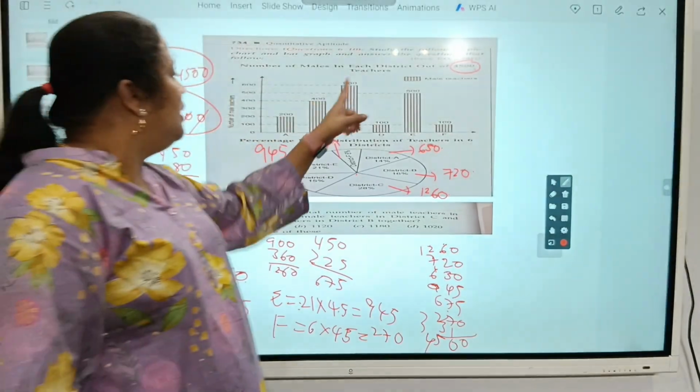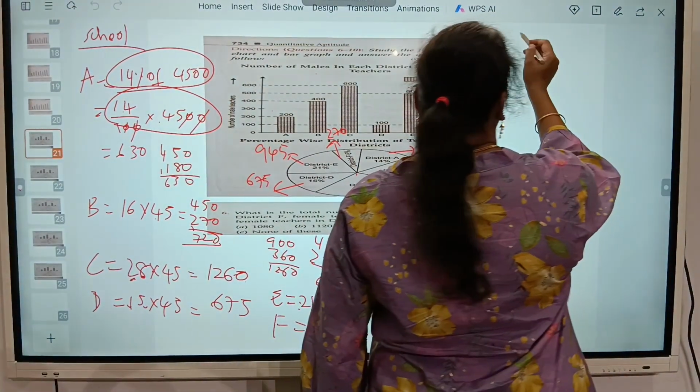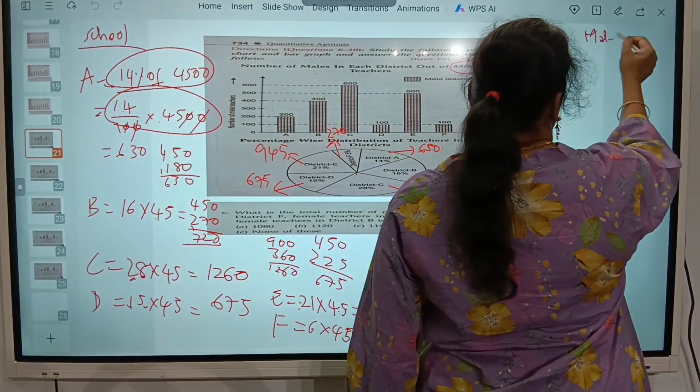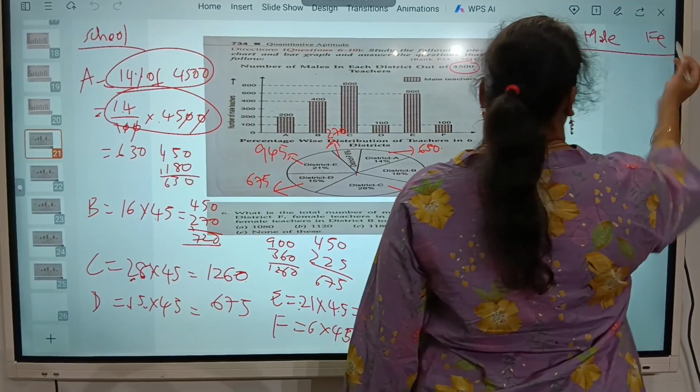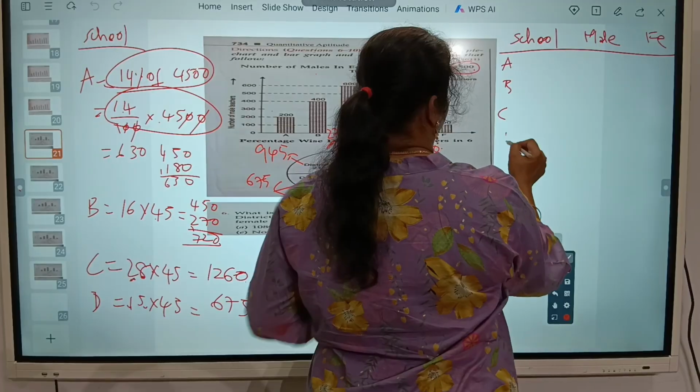Now we will move to solving how many female teachers are there in the schools. Okay, school, male teachers and female teachers. We have to calculate. So we will first take out the total number of people in each school.